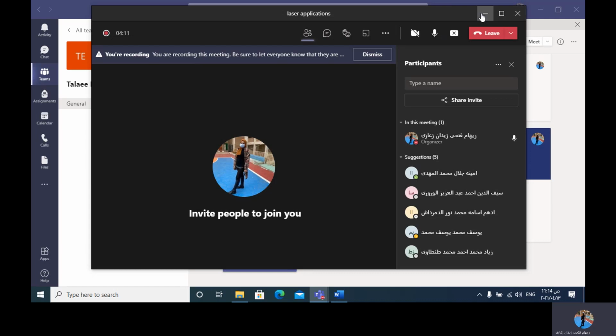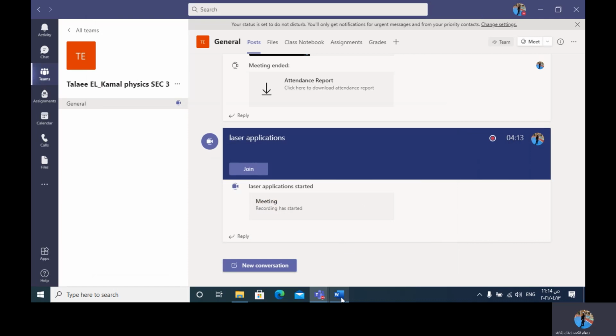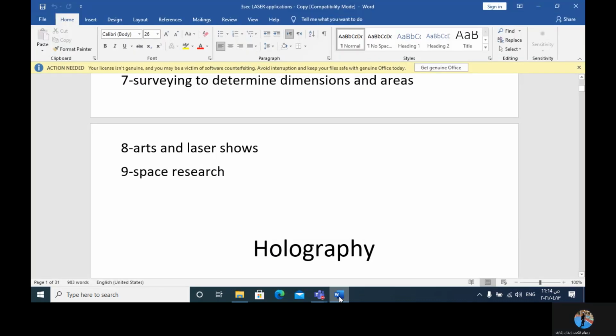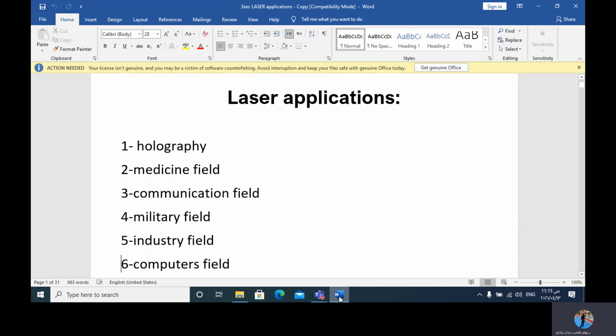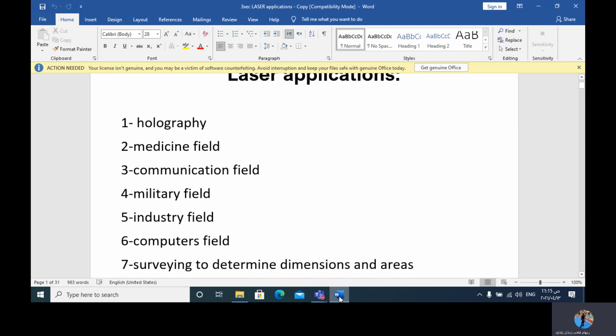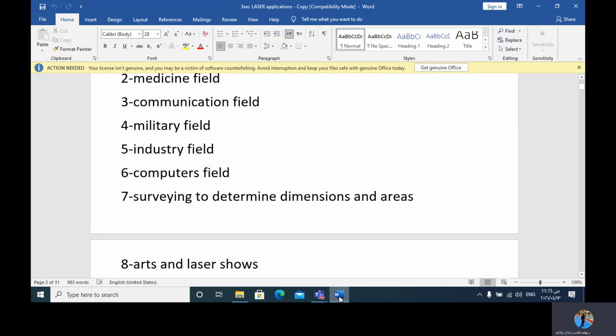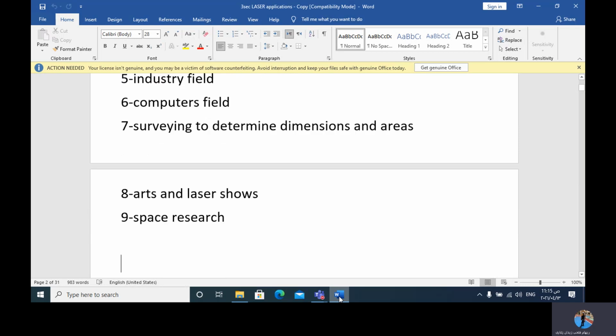Today, I would like to continue talking about chapter 7 and the laser. We'd like today to talk about the laser applications. From the applications of laser, many things like holography application also is used in many fields such as medicine, communication, military, industry, computers, surveying, arts, and space research.